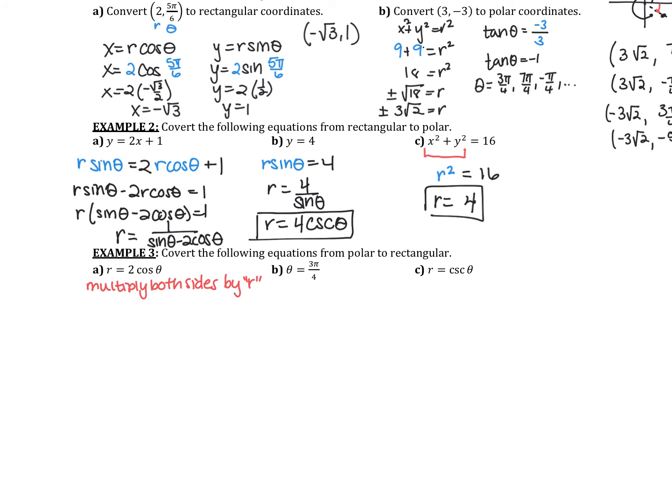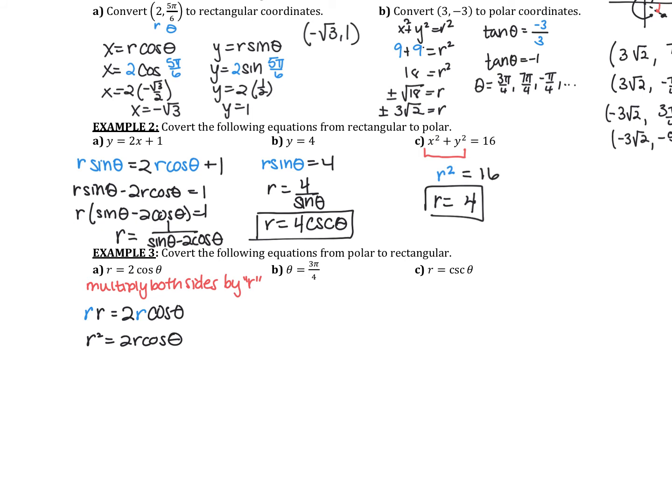I don't know anything about just r. But I do know some stuff about r squared. And so if I were to multiply both sides by r, we get r squared equals 2r cos theta.